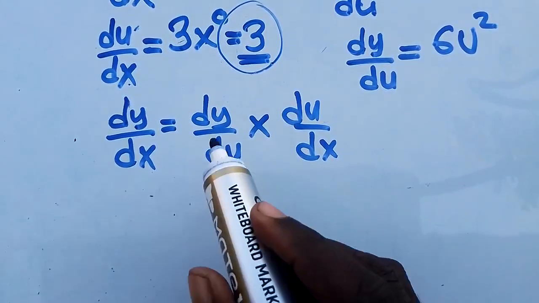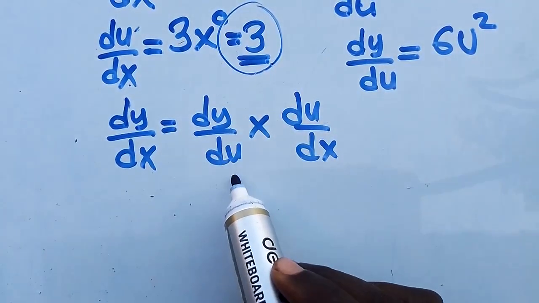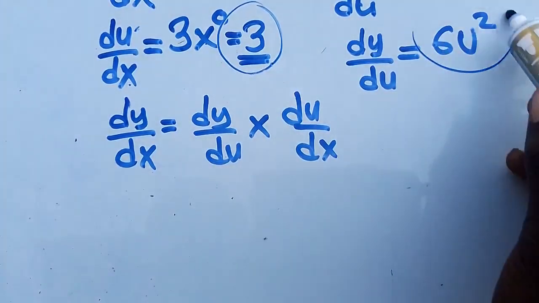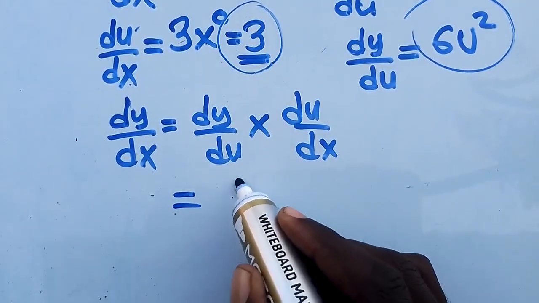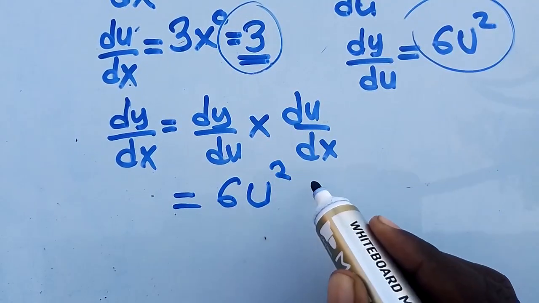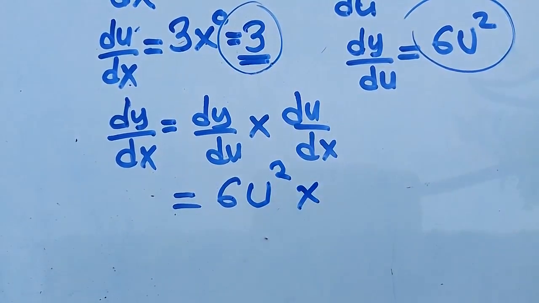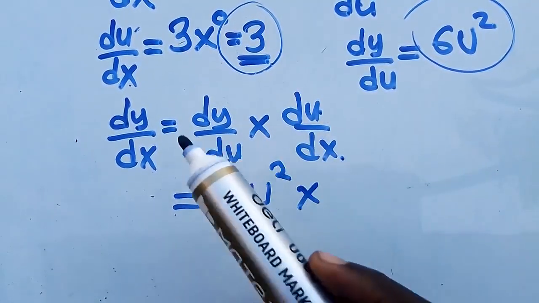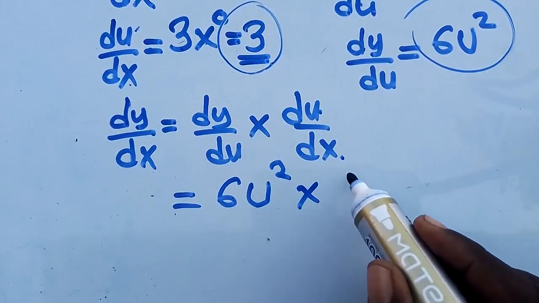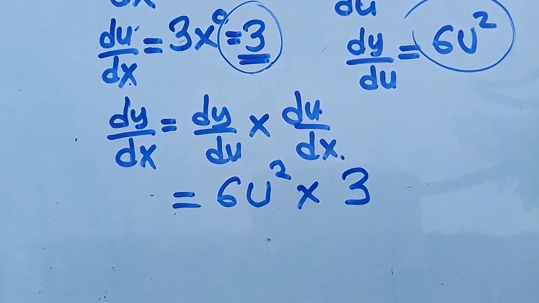So we have the answer dy du, we've got that answer there. So this is equal to 6u squared times du dx. Du dx is just 3.